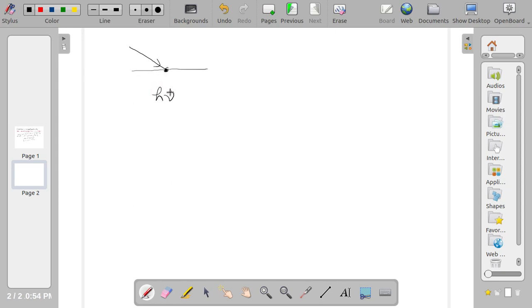And say if h nu is the energy of the incident photon, it is equal to work function plus half m v square, which is the maximum kinetic energy of the electron.